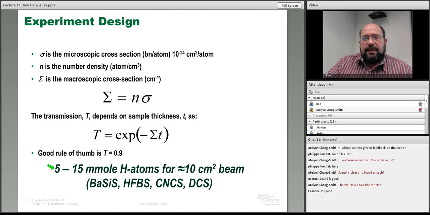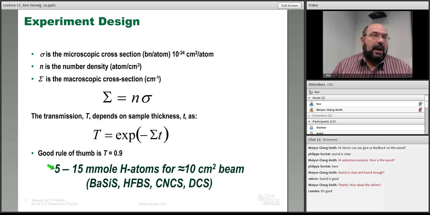So the rule of thumb, if you work that out for about a 10 square centimeter sample, is that you'd like about 5 to 15 millimoles of hydrogen atoms in your beam, or the equivalent if the atoms have a smaller cross-section. 5 to 15 millimoles can sometimes be challenging. That can be a lot of sample, particularly if you're talking about a protein or something which is difficult to make.